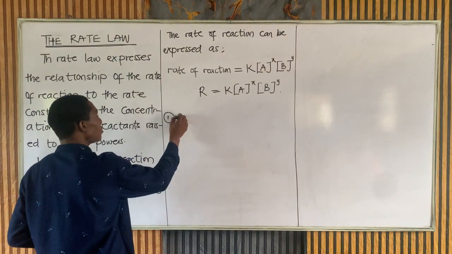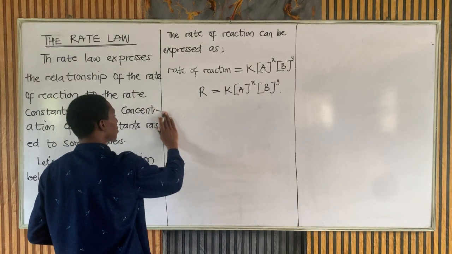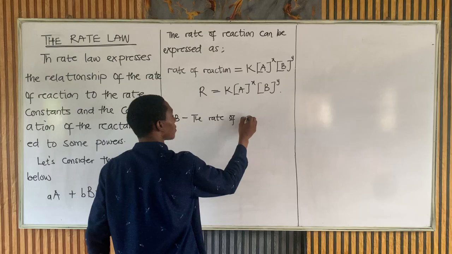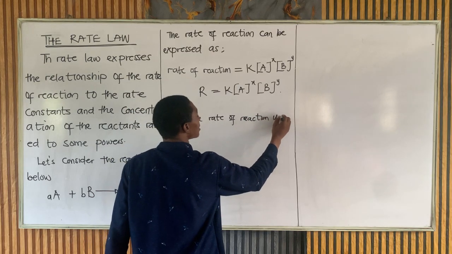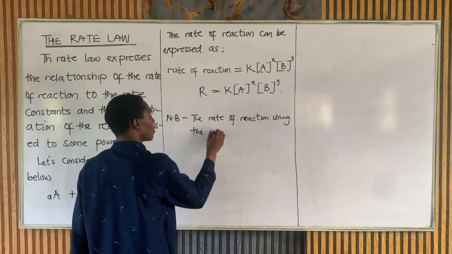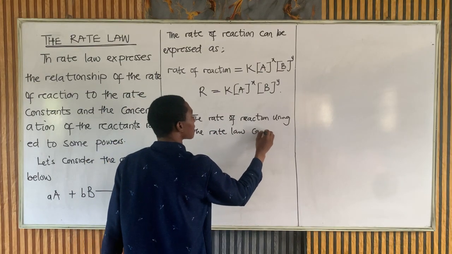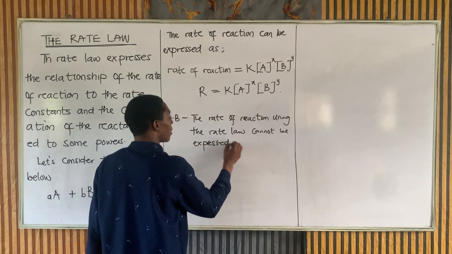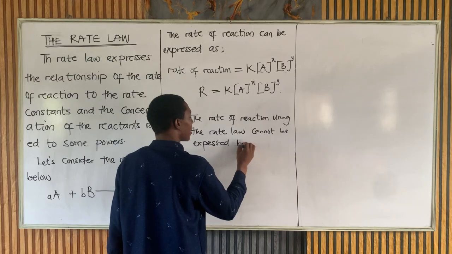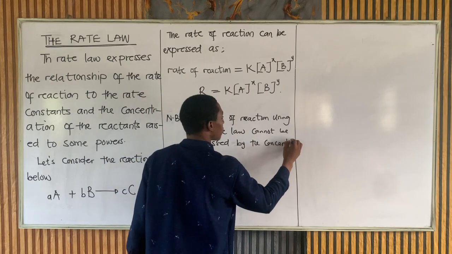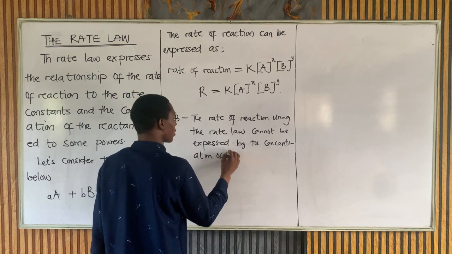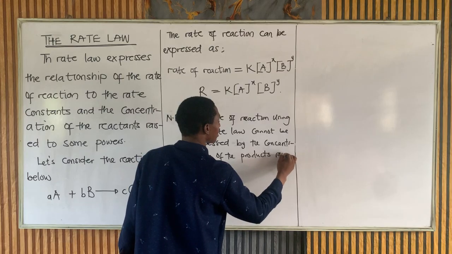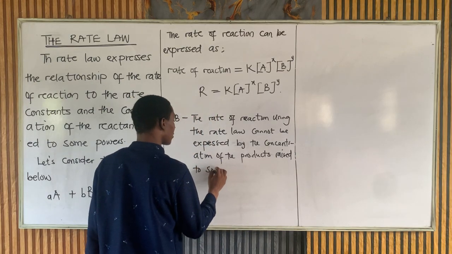So note, the rate of reaction using the rate law cannot be expressed with or by the concentration of the products raised to some powers. So you can't do that.